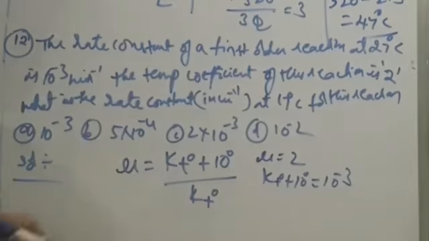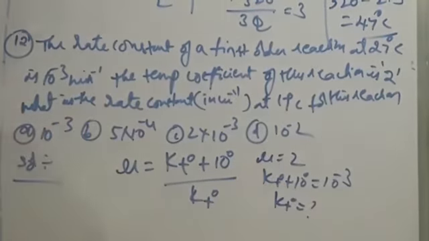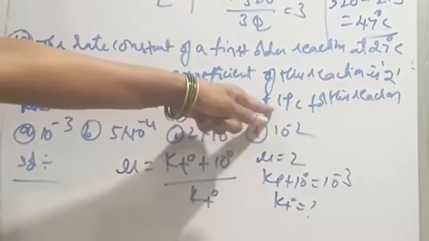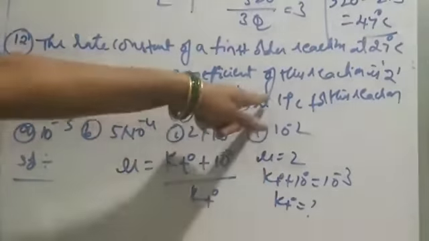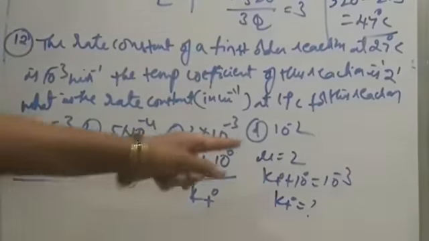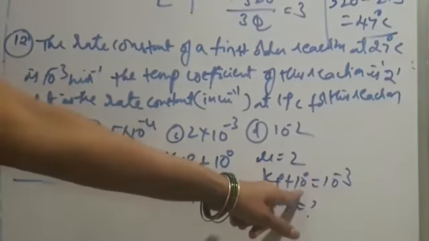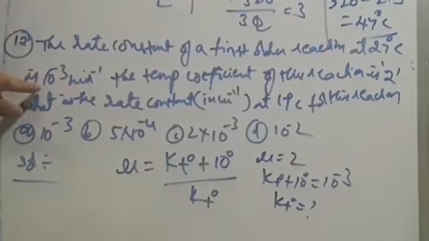Then you have to calculate K at T degrees. Why? Because the temperature given here is 17 degrees centigrade, so T plus 10 means 17 plus 10, that is 27. So at 27 degrees centigrade the rate constant is given as 10 to the power minus 3.